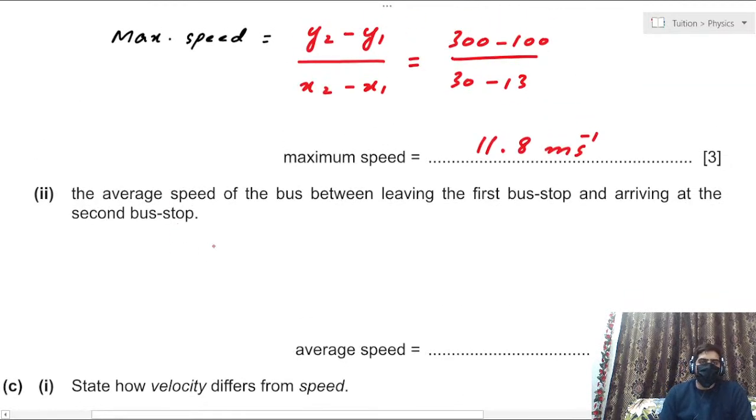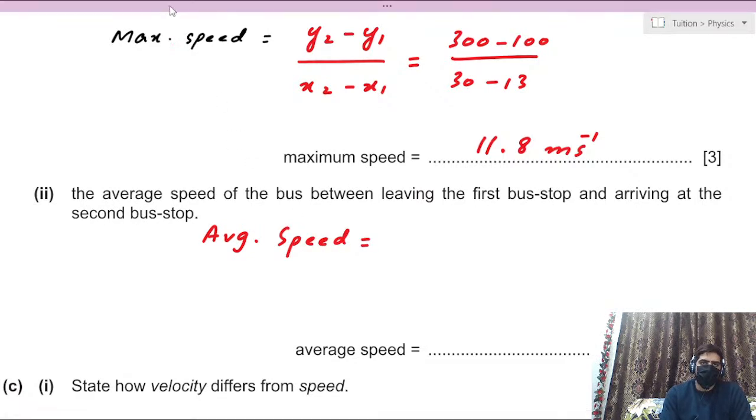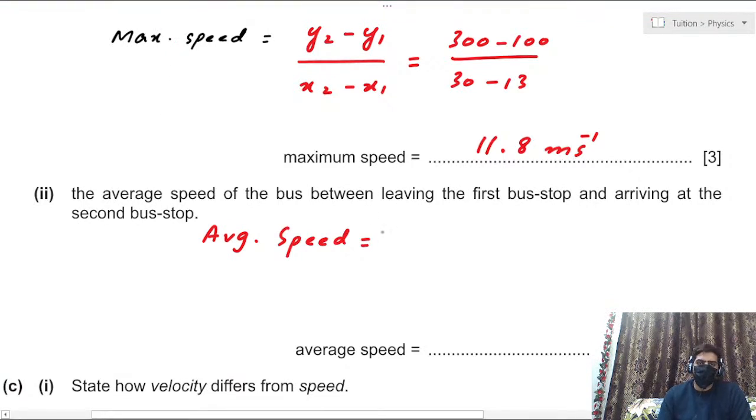Now in the next part you need to find the average speed of the bus between leaving the first bus stop and arriving at the second bus stop. For average speed we have the formula: average speed equals total distance divided by total time.